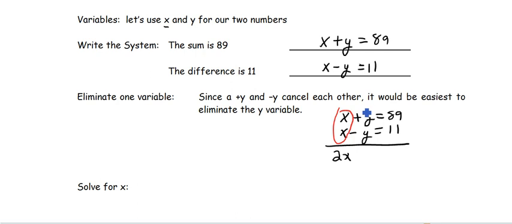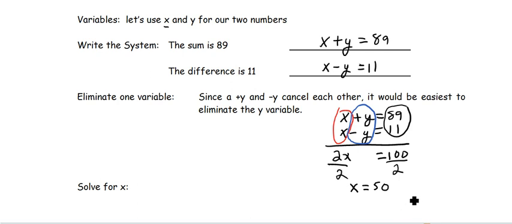Now when we add the y's together, look what happens. Notice that those just cancel out. Then we add these together, and we get 100. So we find out that 2x equals 100. We're going to divide by the coefficient of x. We have x equals 50.